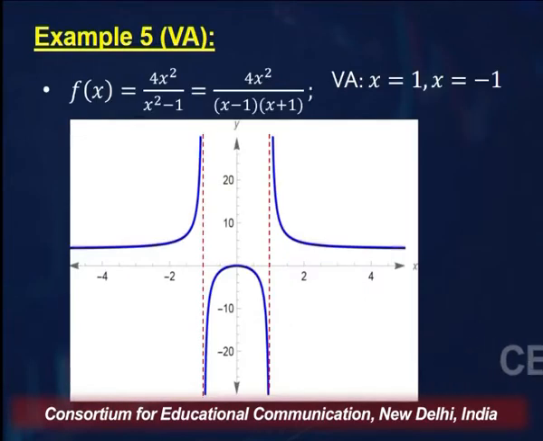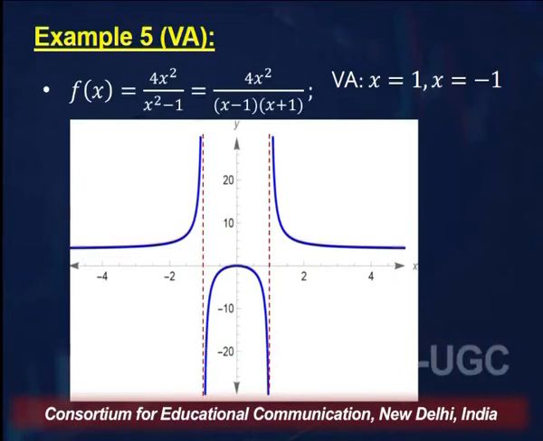So the question that can emerge here is: can the graph of a function cross a vertical asymptote? Please remember that for a rational function, a vertical asymptote is like the sacred brick wall that you cannot cross. Why is that? Because the vertical asymptote corresponds to the zeros of the denominator, right?